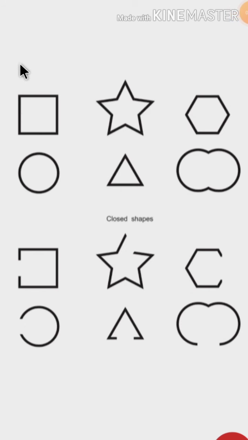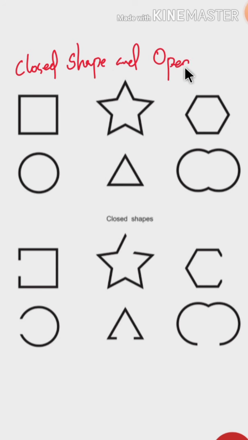Now let's learn about closed shape and open shape. In the case of closed shape, if the starting and the ending points are the same, then it's a closed shape. For example, if we are drawing this figure, we started to draw from here.